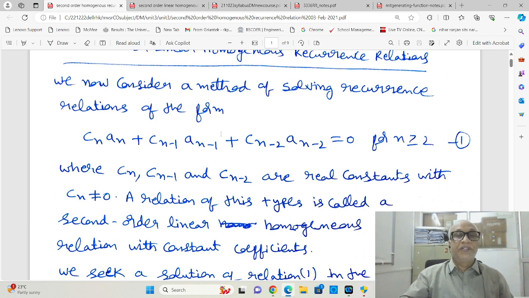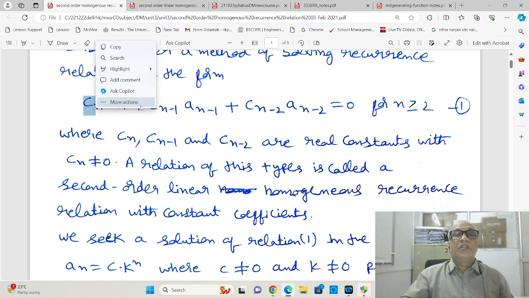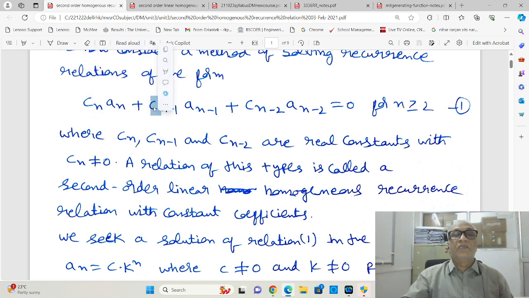This is our recurrence relation form. Here Cn minus 1, Cn minus 2 are the constants, real constants, where Cn is not equal to 0. This type of relation is called a second order linear homogeneous recurrence relation with constant coefficients.